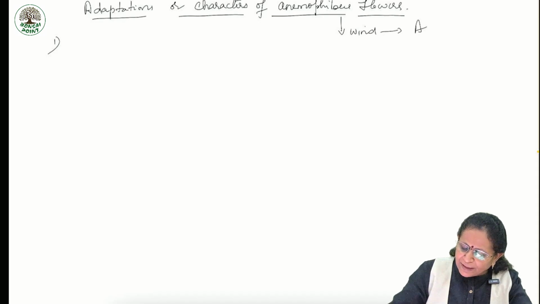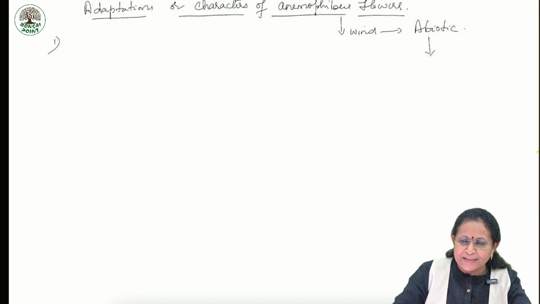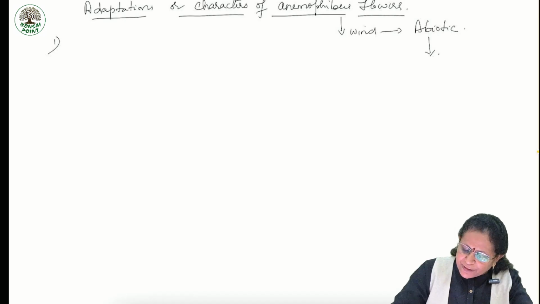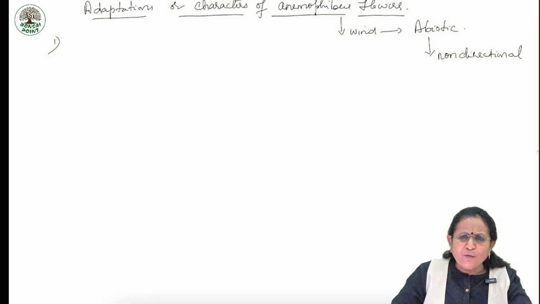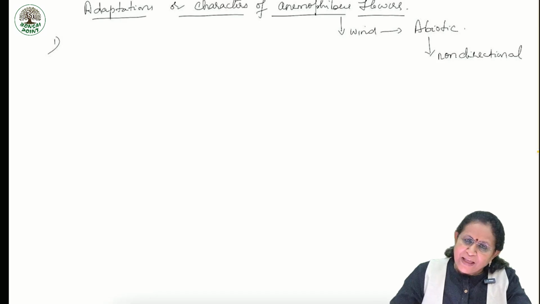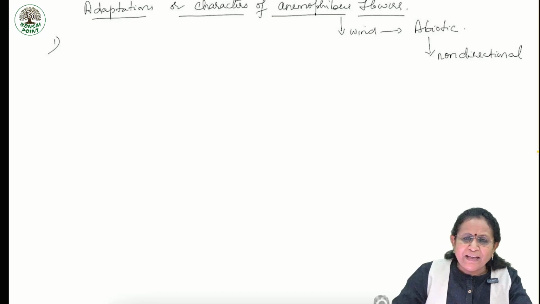When I say wind, it is one of the abiotic factors. If cross-pollination occurs by abiotic means, we say it is non-directional. Whether it is wind or water, it is an abiotic means. Thereby we say the pollen grains can be carried away in any direction. It is non-directional.